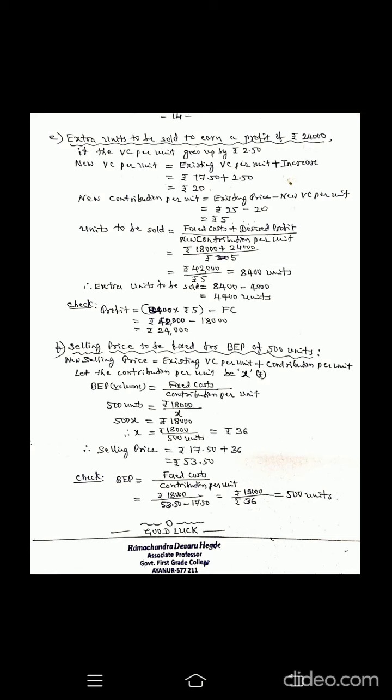We can verify. BEP is equal to fixed cost divided by contribution per unit. So rupees 18,000 divided by rupees 36, 53.50 new selling price minus 17.50 variable cost. So it comes to rupees 36, and fixed cost 18,000 divided by 36 rupees. So we will get 500 units.